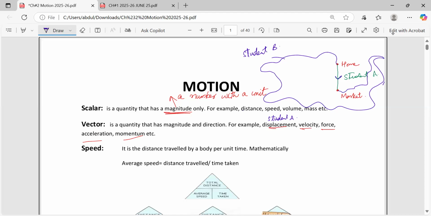So if a physical quantity has magnitude and also a particular direction, it will be a vector. But if a physical quantity has only magnitude, not any particular direction, then it will be a scalar quantity.